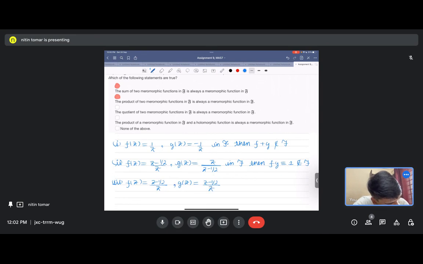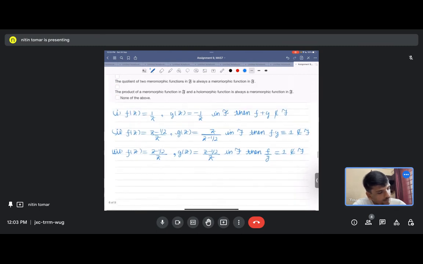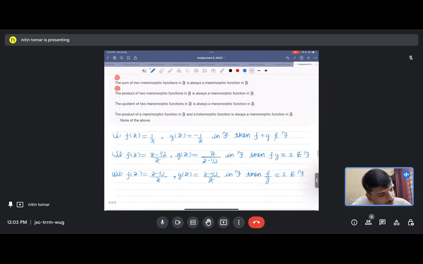Now both of them are in T, both of them have simple pole at z equal to 0, but then f by g is again 1, right? So this does not belong to T, so this option is also false. Now what about the product?